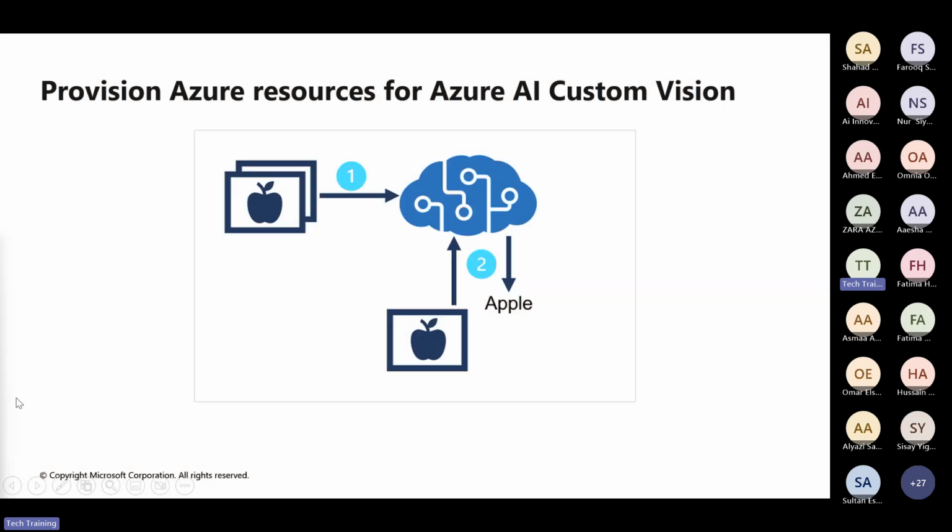So what is the main idea behind what we're going to do? We are going to create an Azure AI Custom Vision service. It will allow us to build our own vision models for image classification or object detection. The service we are going to create within Azure would give us the ability to start image classification or object detection, or maybe for later use, face detection or whatever you want.